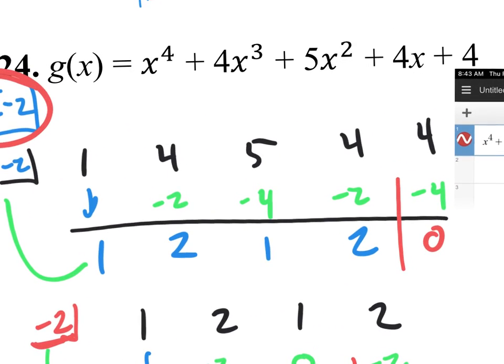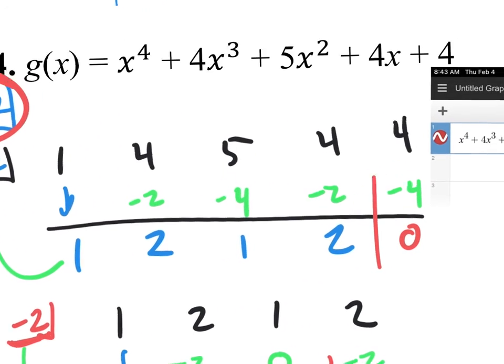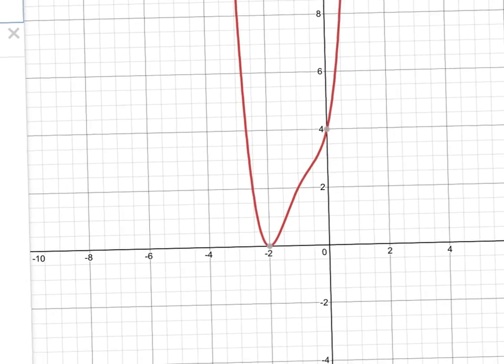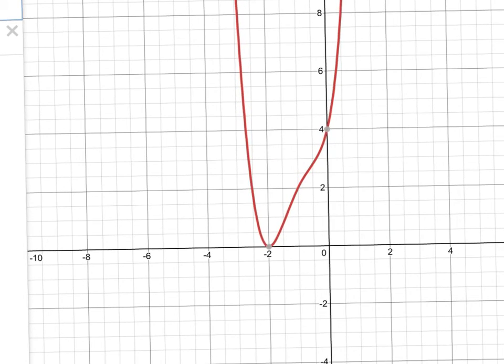I just want to reiterate. We have g of x. Because we have Desmos, type that in. You will see that it crosses. Actually, it doesn't cross. It just touches at x equals -2. So this is something interesting that we need to understand as well. If a graph crosses through, let's say -8, then your answer is -8.